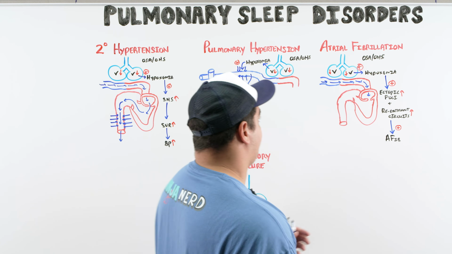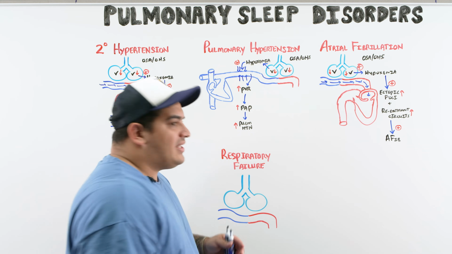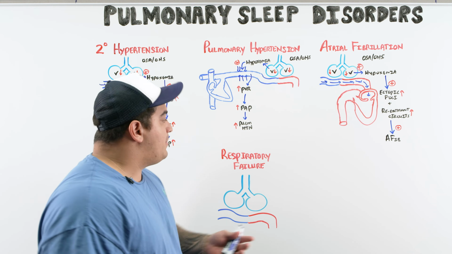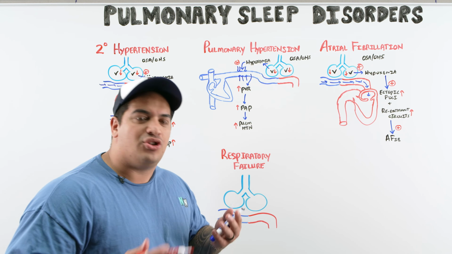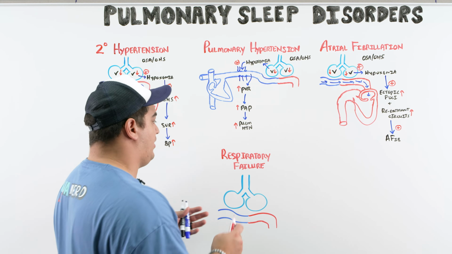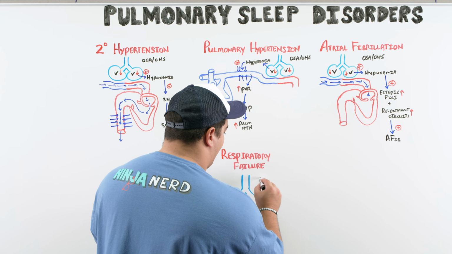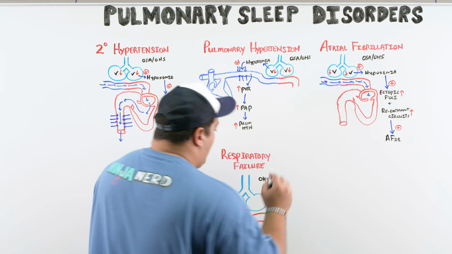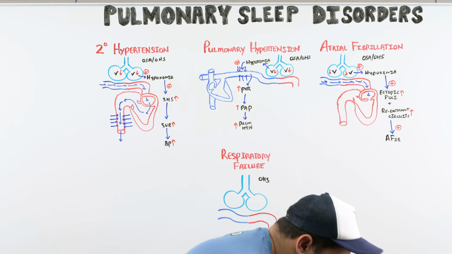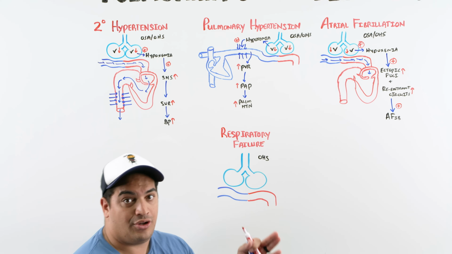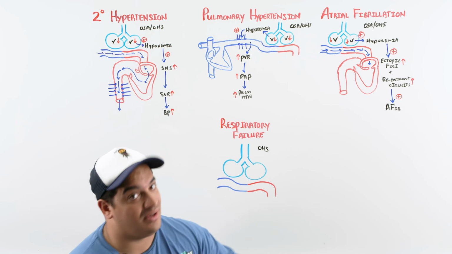That's also terrifying. All right, the last scenario here, if we come down here, is respiratory failure. Now, with respiratory failure, what can happen? This is usually more particularly pertinent in patients who have obesity hypoventilation syndrome. In patients who have obesity hypoventilation syndrome, they experience hypoventilation during the day and during the night.